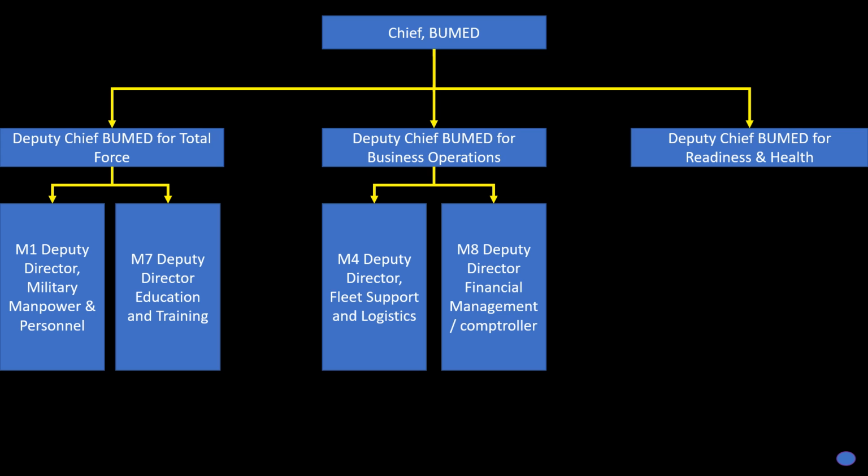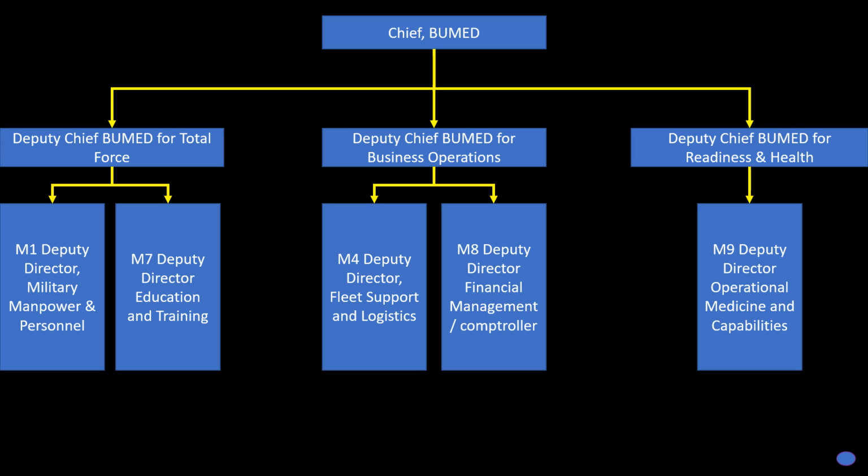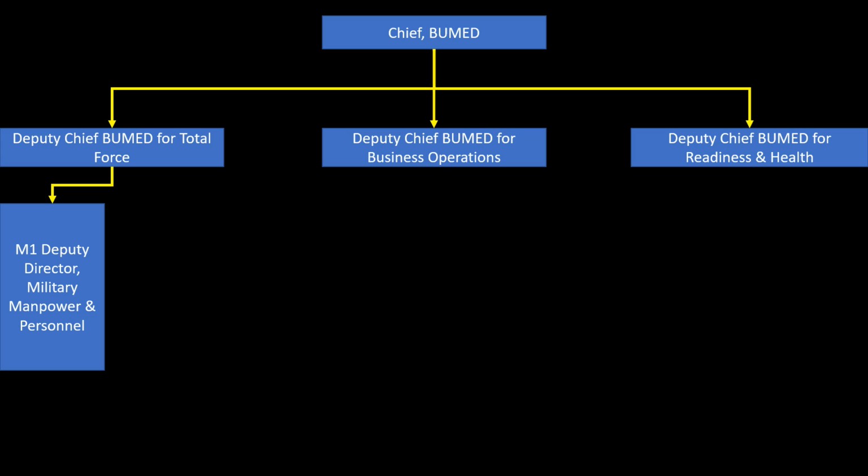M4, your Deputy Director for Fleet Support and Logistics. M8, your Financial Management and Comptroller. And then for our Readiness and Health, we've probably got the most important one that's mentioned in this instruction, anyway, our M9, our Deputy Director for Operational Medicine and Capabilities. Let's talk about the responsibilities of our M1, the Deputy Director for Military Manpower and Personnel.